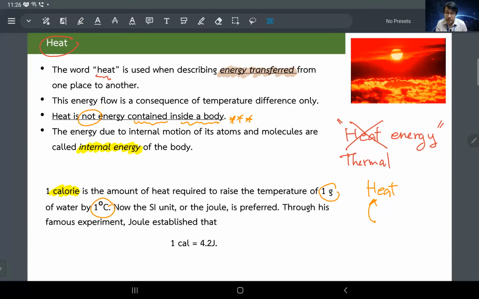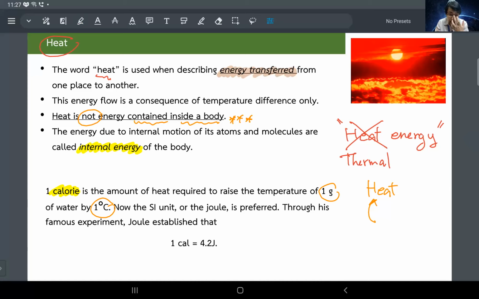Does that make sense? That is the amount of energy you have to give to the water to raise its temperature by 1 degree Celsius. You have to have an energy flow. You have to provide the energy. That's why we call it heat.